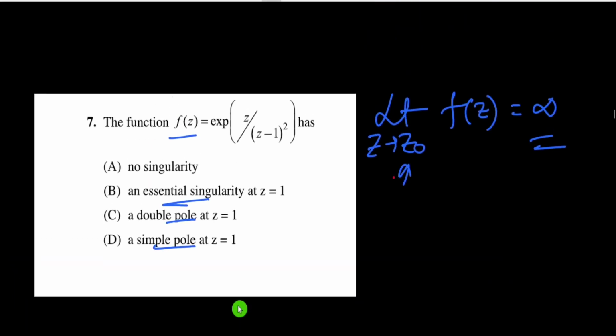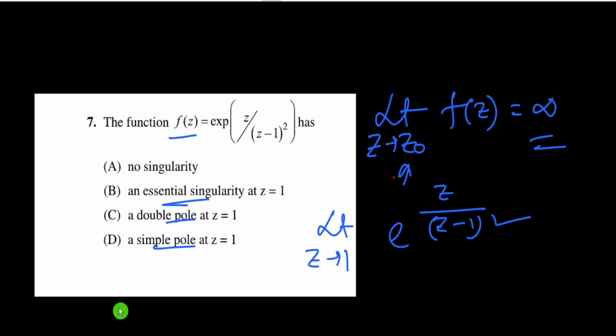Now, here it is given the limit as z tends to 1 of exponential of z/(z-1)^2. Now z/(z-1)^2, as z tends to 1, gives 1/0, which is infinity.